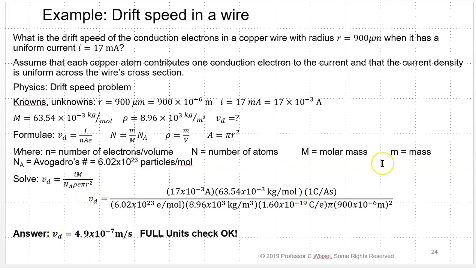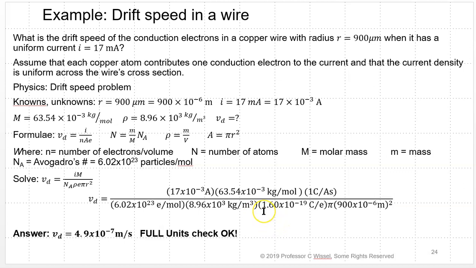Now we can plug in numbers. So the current is 17 milliamps, or 17 times 10 to the minus 3 amps. The big M is 63.54 times 10 to the minus 3 kilograms per mole. There's the units conversion factor here to make sure we keep the units straight. And then we're going to divide by N_A, which is 6.02 times 10 to the 23rd electrons per mole, and we're also dividing by rho, and that is 8.96 times 10 to the third kilograms per cubic meter.